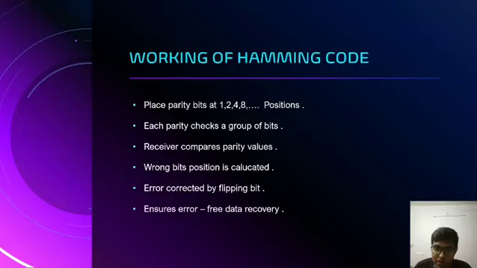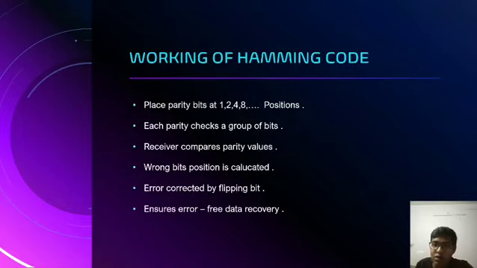Once the bit is identified, the error can be corrected simply by flipping the bit. This restores the correct data. So Hamming code ensures error-free data recovery without retransmission. That is why it is so efficient and powerful for communication and memory systems.